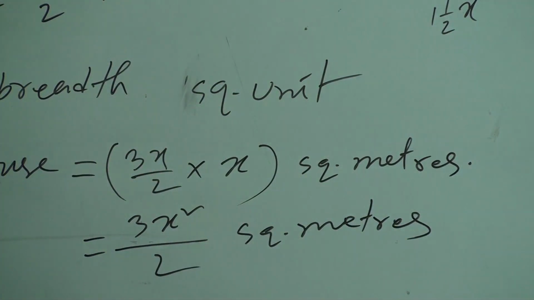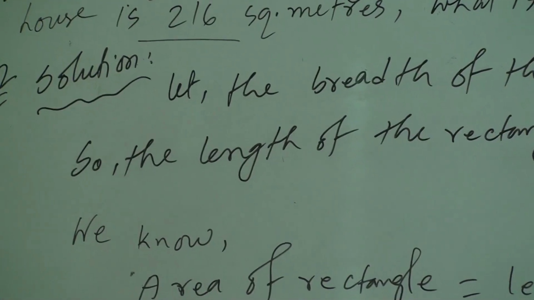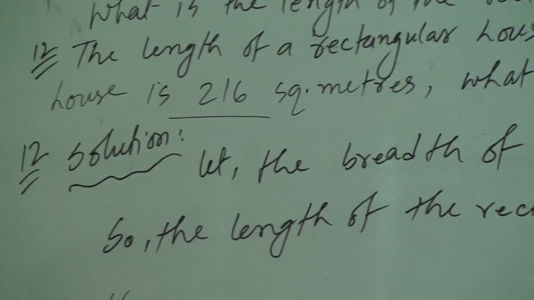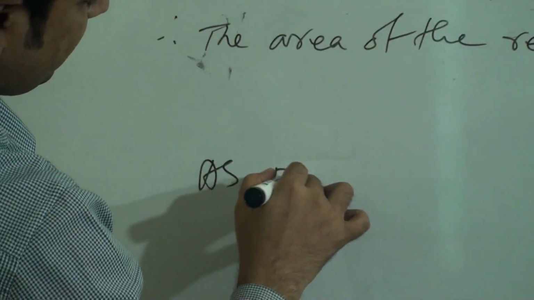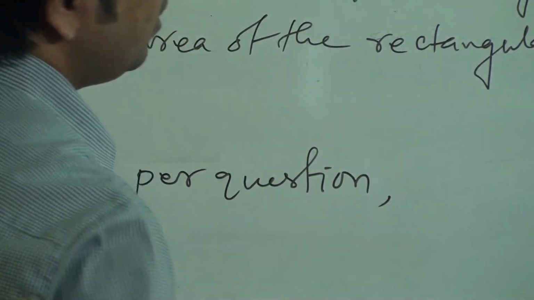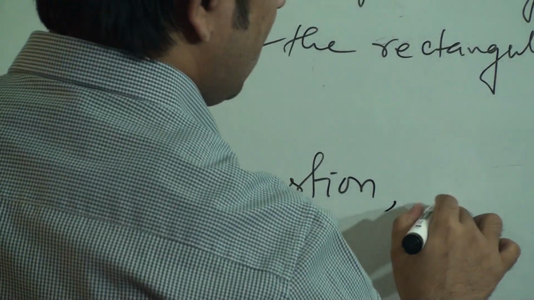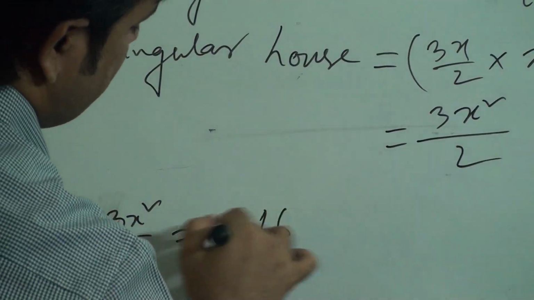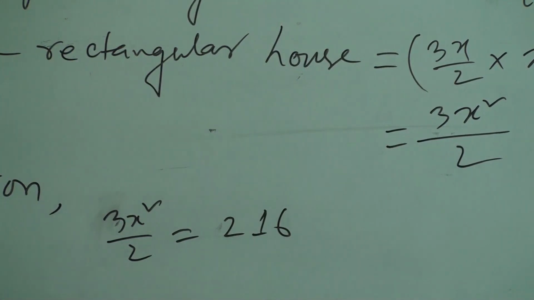Now we can say from the question, this is given 216 is the area of the house. So we can write here as per question, 3x² by 2 is equal to 216. Now we can solve this.